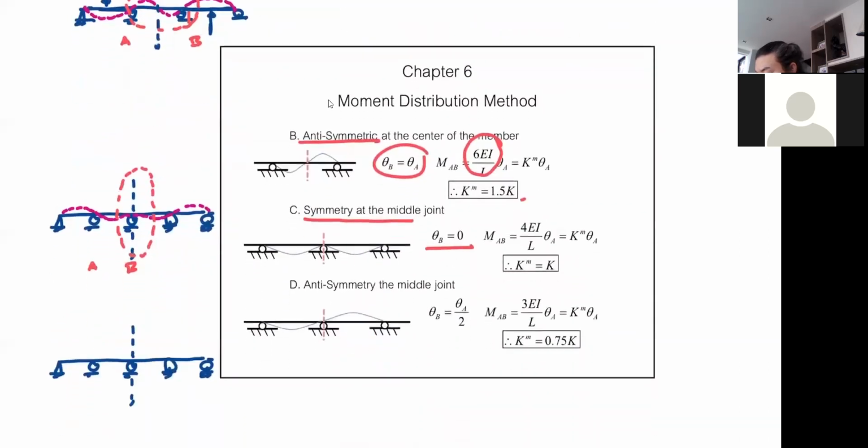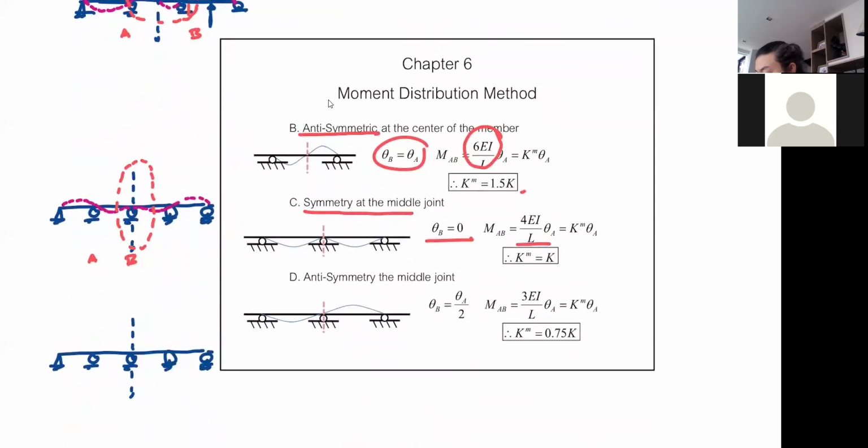It means you have the basic term 4EI over L, which is equal to the original K. So here, K modified is equal to K. So modify or not, you already have a very simple case to solve if you have an even number of spans with symmetry.